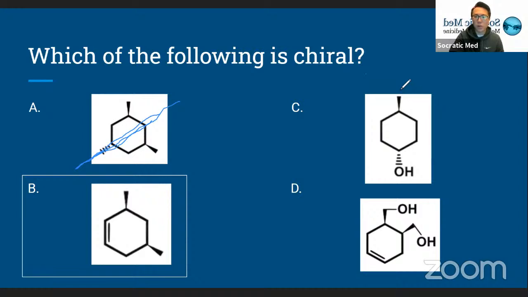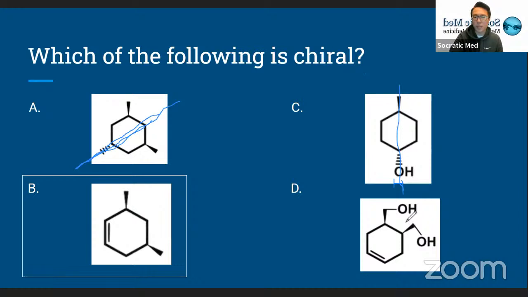Likewise, for choice C, if you cut it down these 2 carbons, you will have a symmetrical molecule. This H, they put it on the side, but you can think of the H as here. So when you cut it down the middle, both sides of this plane would be symmetrical. So a molecule can have stereogenic centers and not be chiral if there's an internal plane of symmetry.